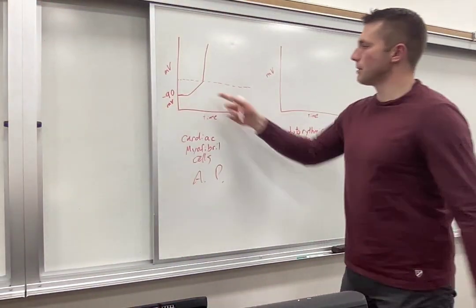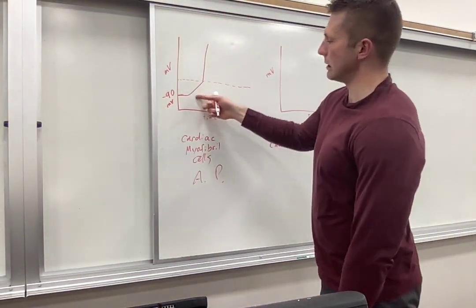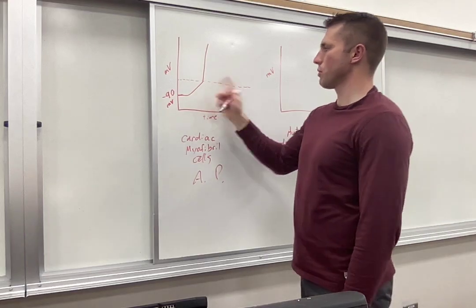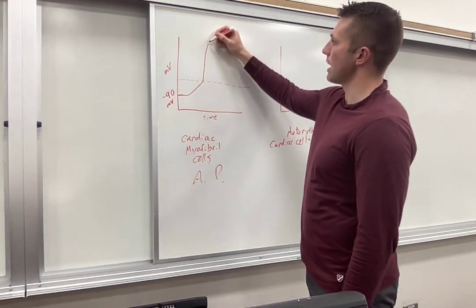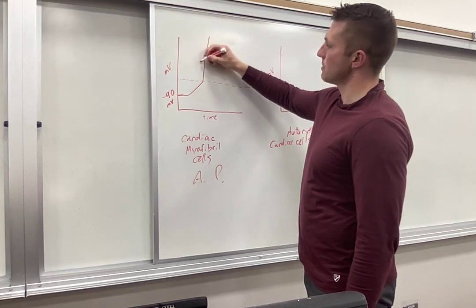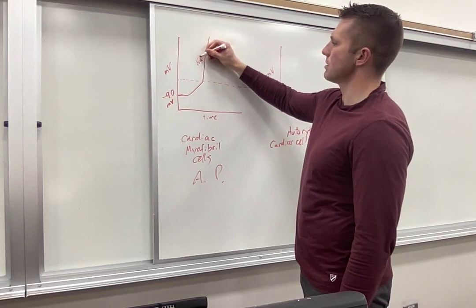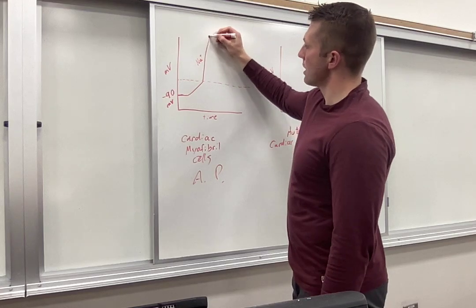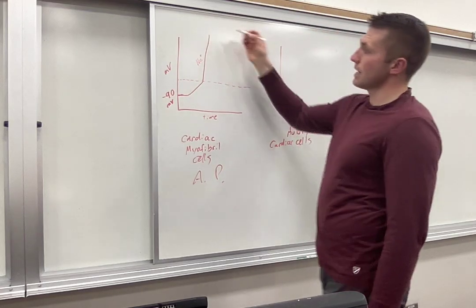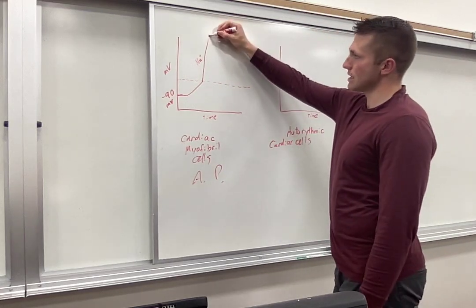So the graded potential makes the membrane potential more positive, and then bam, the action potential happens. This is because of good old voltage-gated sodium channels. Okay, but then we see this. This isn't new.